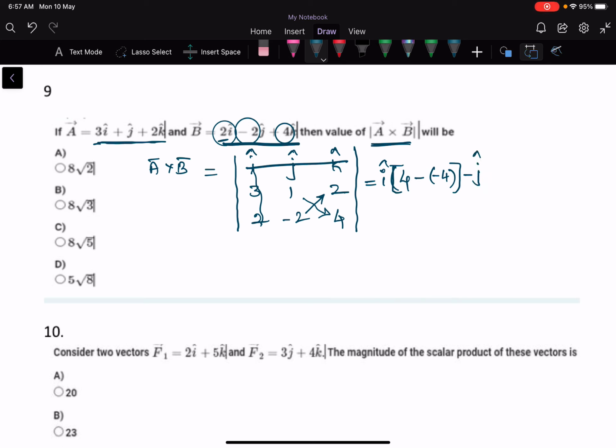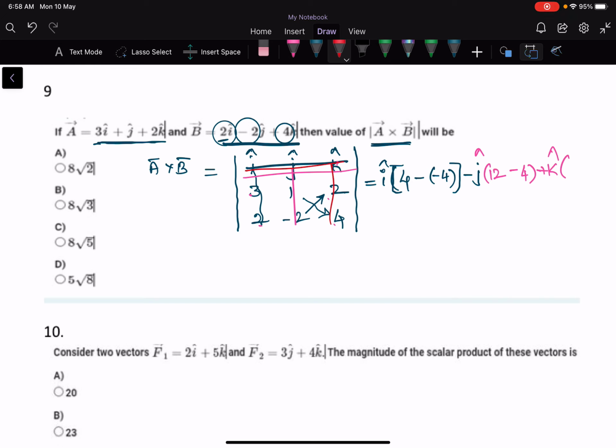Minus j into, we cross out this column and this row. The remaining thing is 3 into 4, which is 12, minus 2 into 2, which is 4. Next, plus k into, cross out the k row and column.